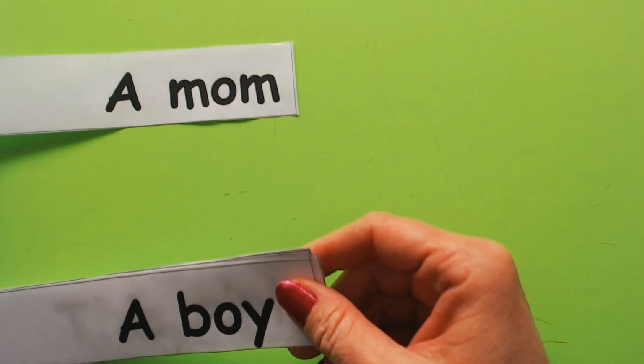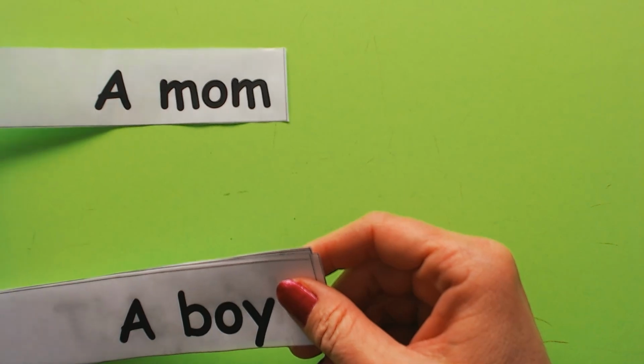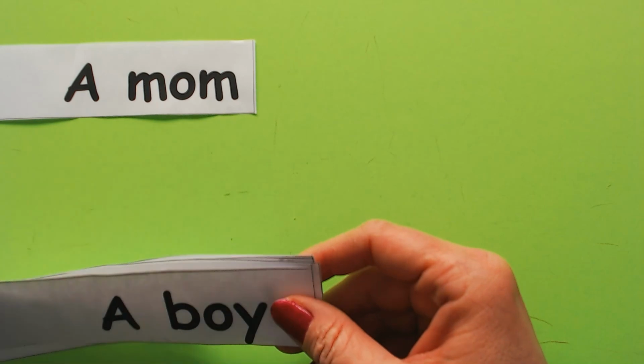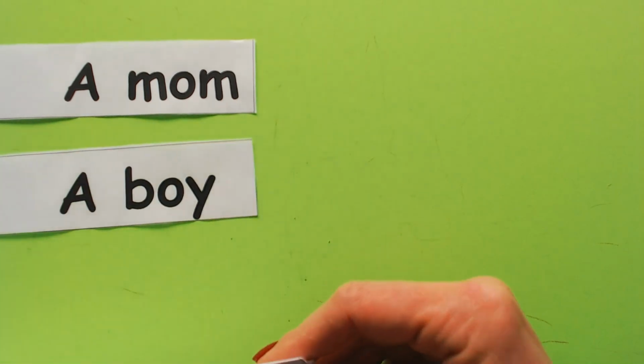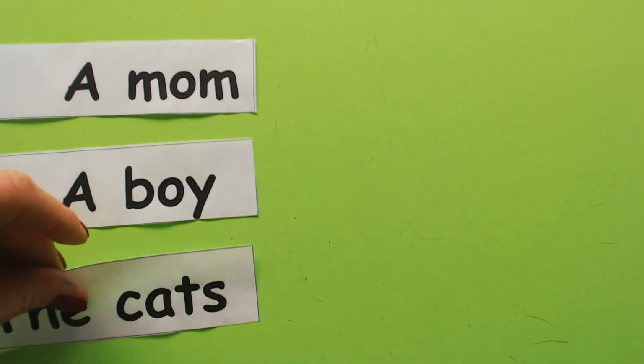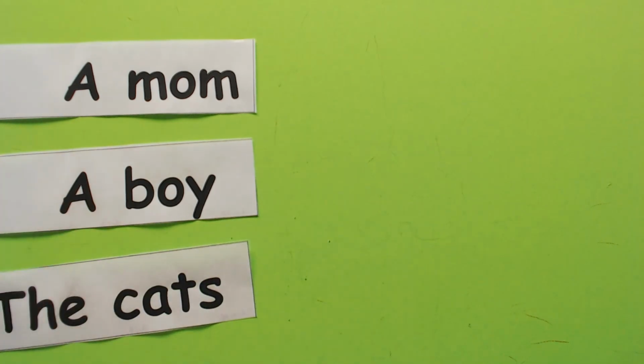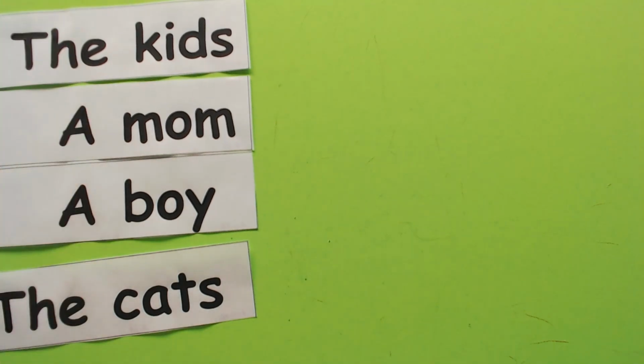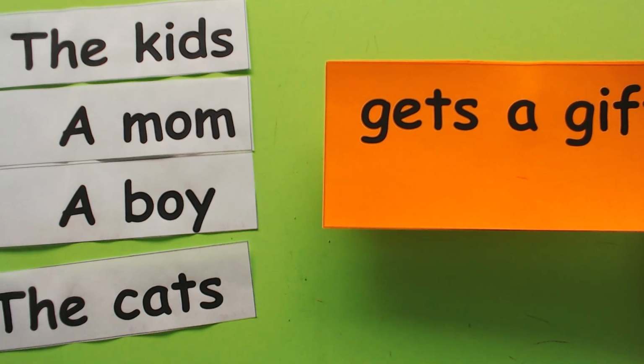I'm just reading this definition out of our book. You have to add S to most verbs when they tell about a noun that names one. Okay, so we have a mom, a boy, the cat, we have the kids. Let's just do those right there. Okay, so we're going to try to match these up with these.